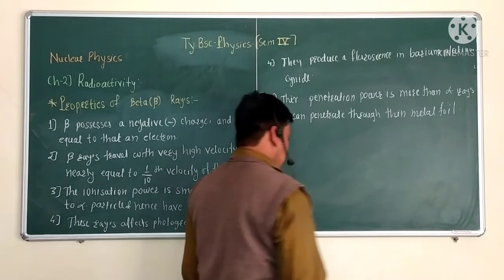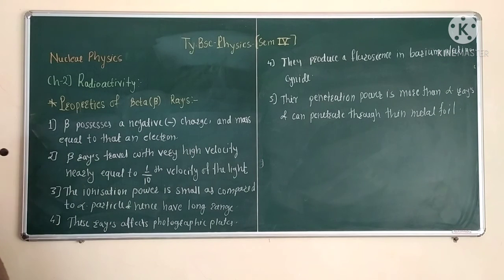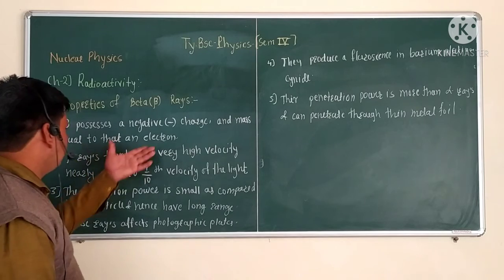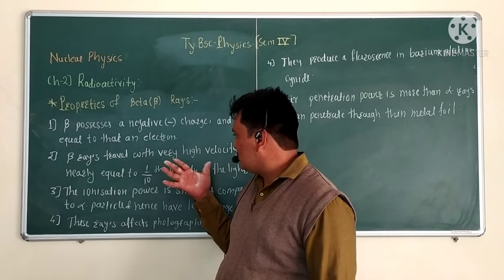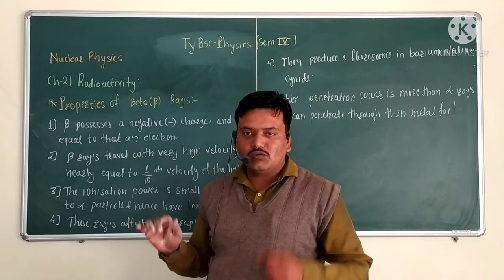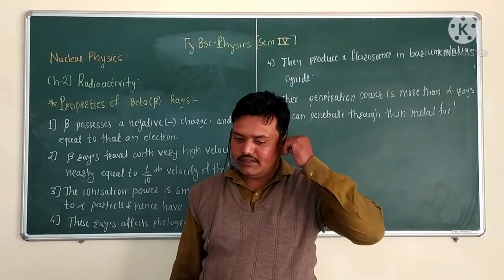So these are the properties of the beta particle. The beta particle possesses a negative charge and mass equal to that of the electron. Beta rays travel with very high velocity, nearly equal to 1/10 of the velocity of light.